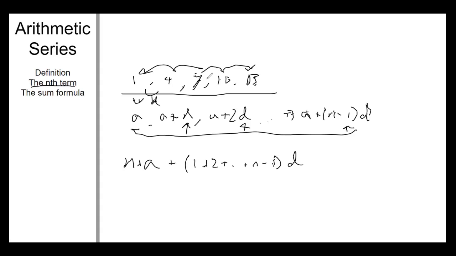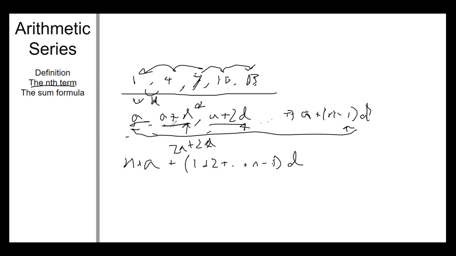Another way to look at it is if we look at A plus D, A plus 2D, and A plus 3D: adding the two terms next to the middle term gives 2A plus 6D, which is, of course, twice the center term. And this, by definition, is the average of the three terms.